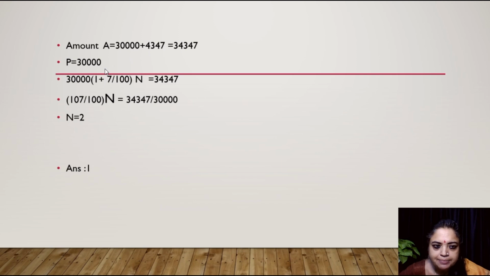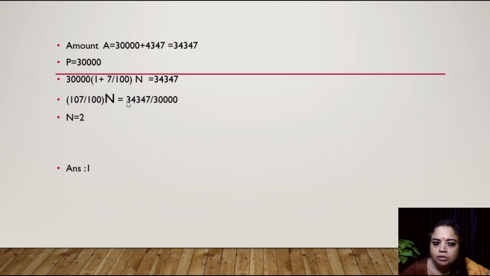So amount A will be 30,000 plus 4,347, and P is given as 30,000, and we know the formula: P into 1 plus R by 100, the whole raised to N, will be equal to A. So P is 30,000 into 1 plus 7 by 100, the whole raised to N, is 34,347. From this we can calculate the number of years N.